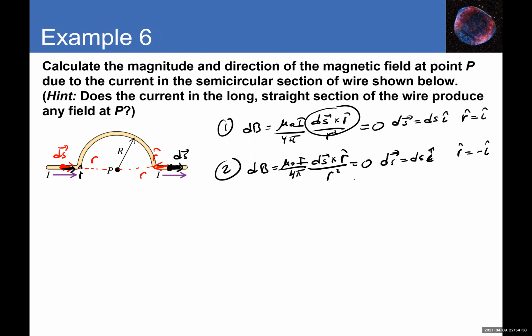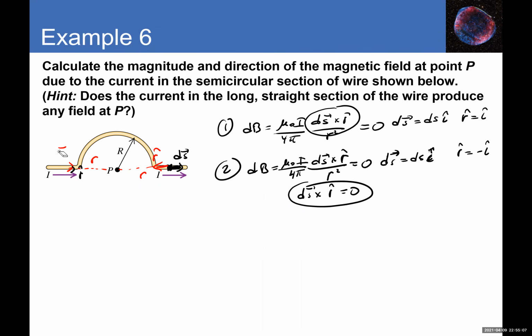That means both of those straight segments do not contribute at all to the calculation of the magnetic field, because as long as you're on the same axis, the current element dl and r hat give you 0. That means for both of them, ds cross r hat ends up being 0, because i hat cross i hat or cross negative i hat gives us 0.